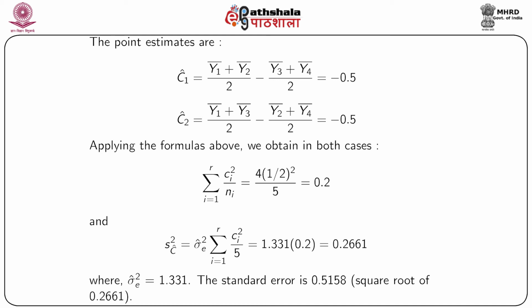Also, for the contrast, the variance is given by sigma e hat squared times the summation i equals 1 to r of ci squared divided by 5, which equals 1.331 times 0.2, as we have already found the value of the summation. So this equals 0.2661, where sigma e hat squared equals 1.331, and the standard error is 0.5158, which is the square root of the calculated value of the variance above.